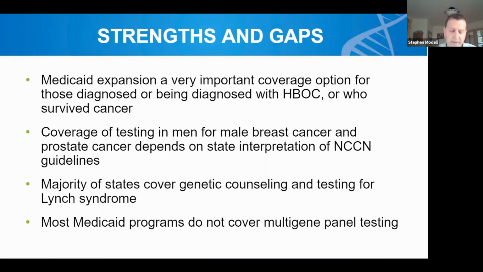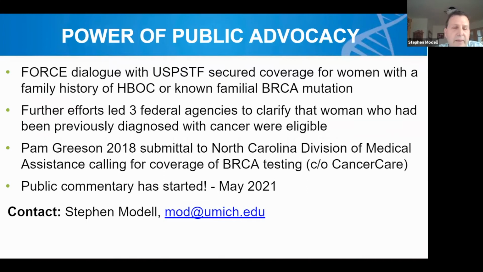The majority of states do cover genetic testing for Lynch syndrome mutations under Medicaid, such as MLH1 and MSH2 mutations. However, most Medicaid programs do not cover multi-gene panel testing. Next slide. So let's wrap up with advocacy.